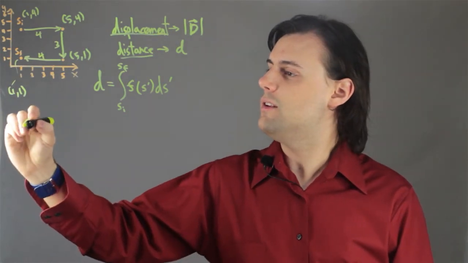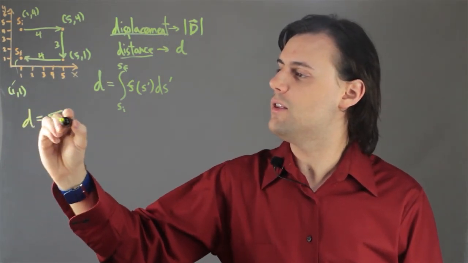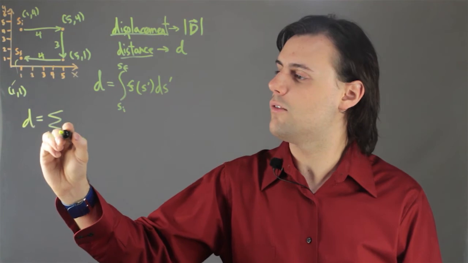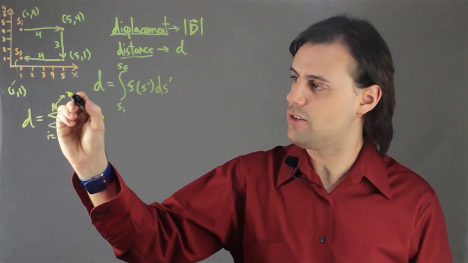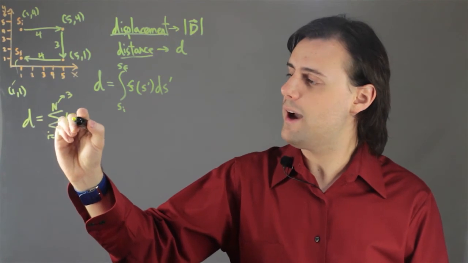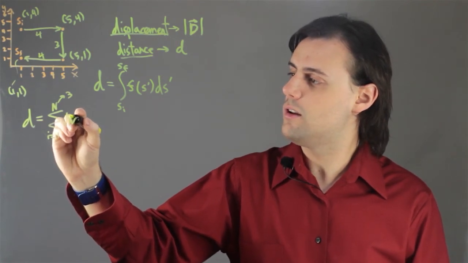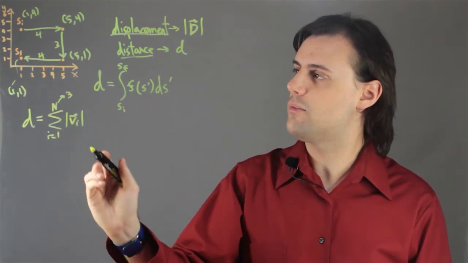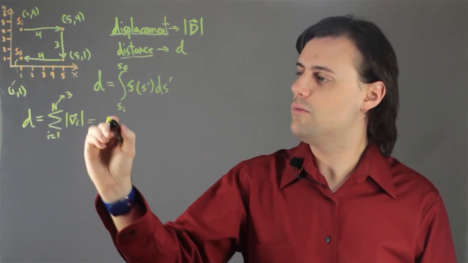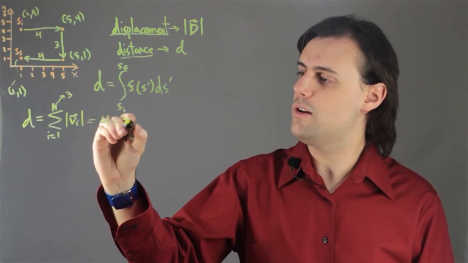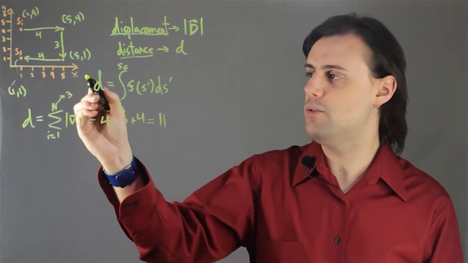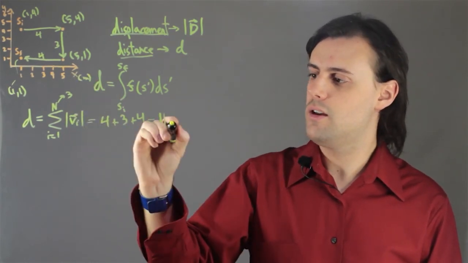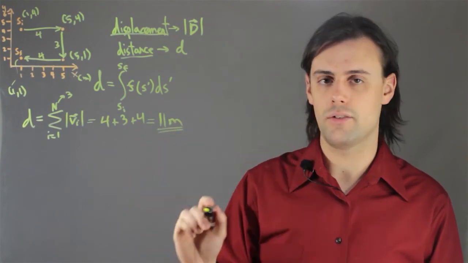So the distance then is simply going to be the sum from i equals 1 to the total number of arrows, in this case it's 3, of the magnitudes of these different vectors. So this is equal to 4 plus 3 plus 4, which is equal to 11. And if my units are in meters, my total distance is 11 meters.